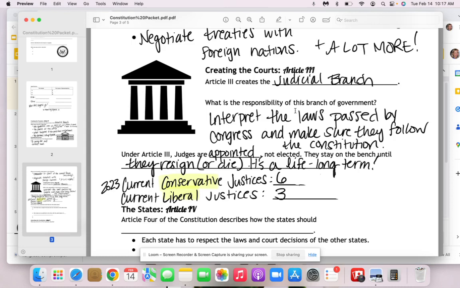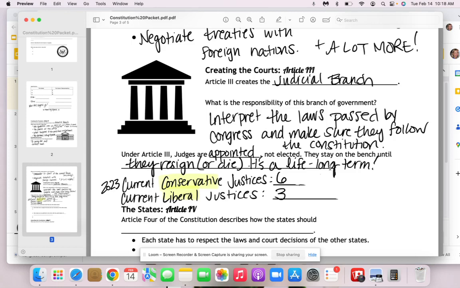Article 3, the judicial branch, the Supreme Court, interprets the laws passed by Congress, the representatives of the people, according to the Constitution, and they make sure that those laws follow the framework and the guidelines in the Constitution. That sounds basic, but you can read this document a hundred thousand million different ways, and people do, which is why we have disagreements about what the Constitution means.